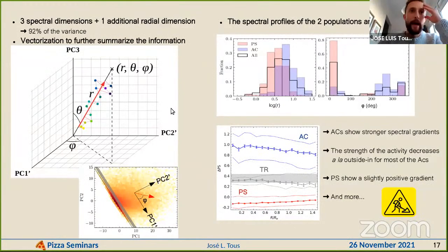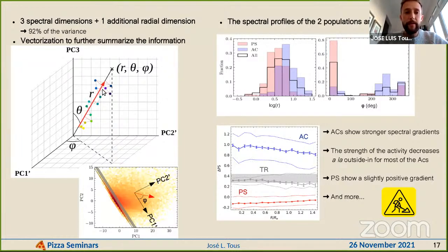Anyway, now when we use the first three principal components to project these radial stacks, instead of having one single point, we have more or less 15 points for each galaxy. So this describes a spectral radial profile of our S0 galaxies. And here, each of these data points represents the radial composite spectrum for each galaxy.